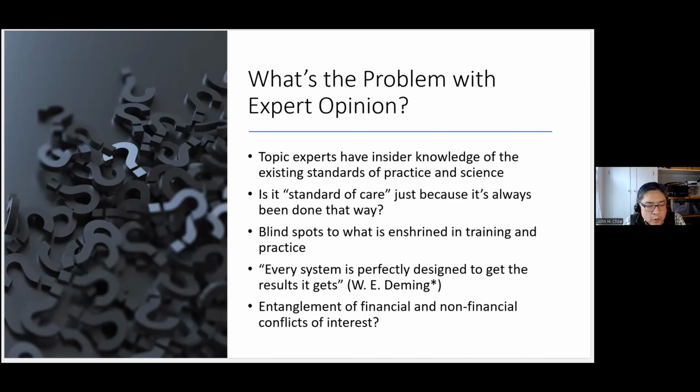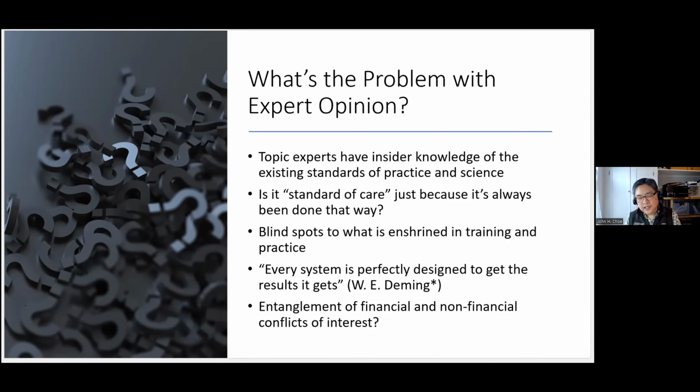It's been attributed to William Deming, but there's some doubt about whether he was the first one to say this. But this idea that everything looks like the standard of care because that's the way you're trained to do it, and that's the way you've always done it. Sometimes it's hard to look beyond what you've always done to realize that maybe there's something to it not necessarily being the standard of care.